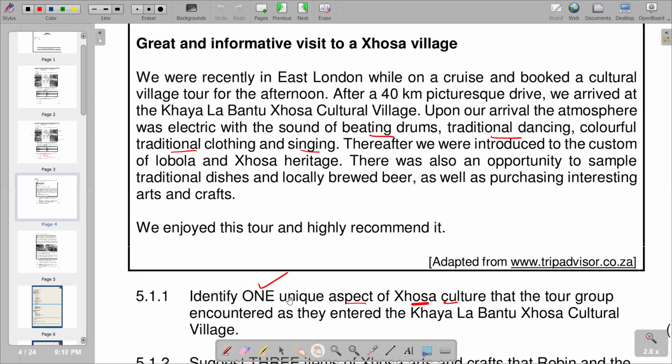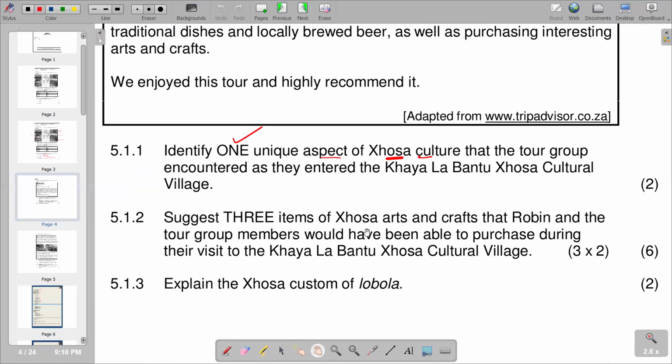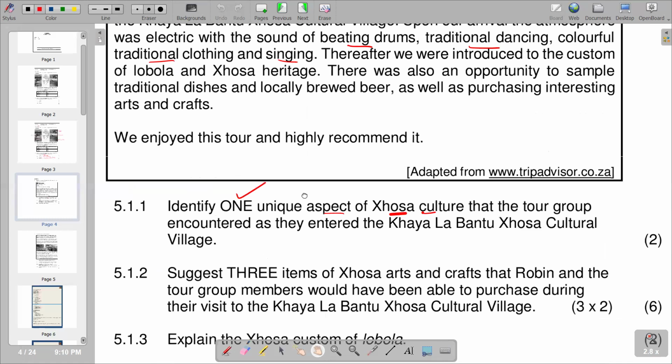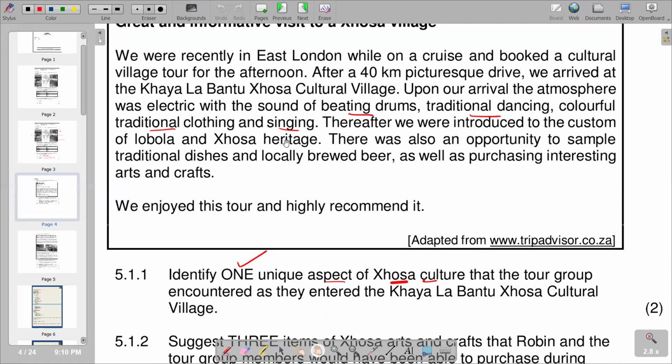And then we go to the second part of the question, which reads, suggest 3 items of arts and culture that Robin and the tour group members would have been able to purchase during their visit to the Kwa Bundu Xhosa Cultural Village. So when they visited, what could they buy from there? Remember, they were talking about beating drums.